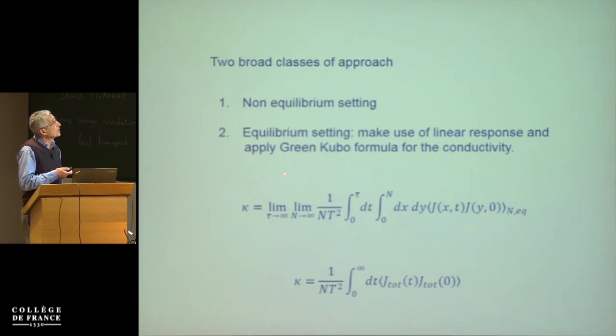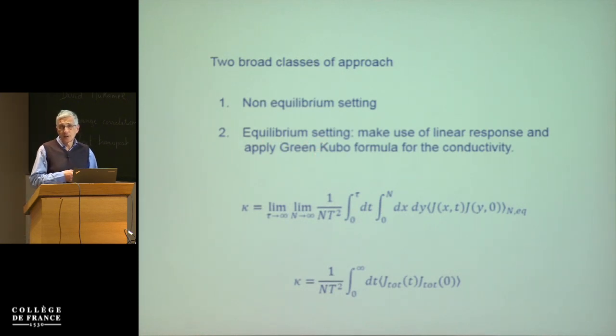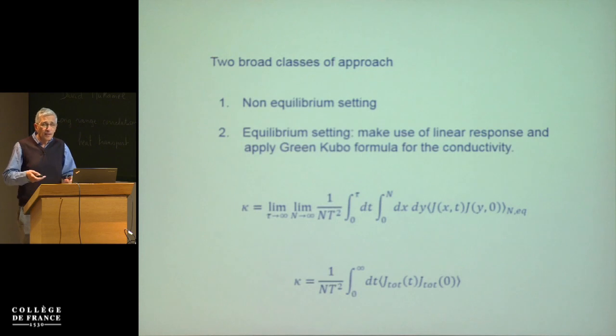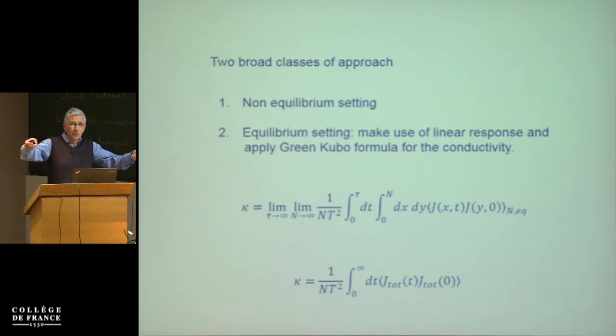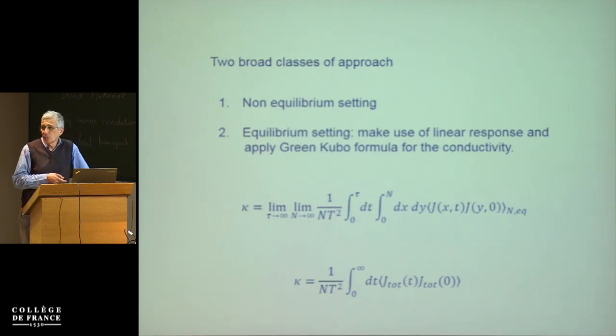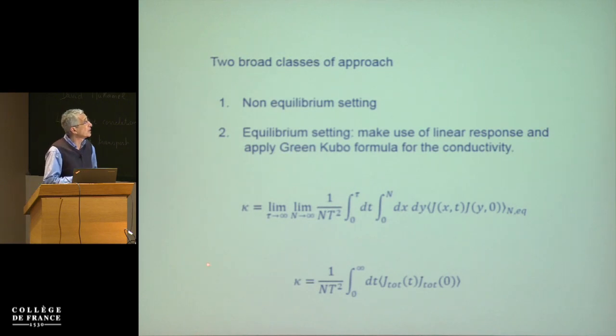The more common way of studying these systems is to look at equilibrium settings. That is, to use linear response theory and to apply the Green-Kubo formula to calculate the conductivity. That is, you make a very small change. You look at the change of temperature on both ends. You look at the response of that, and the response you can express as an equilibrium correlation of the appropriate currents.